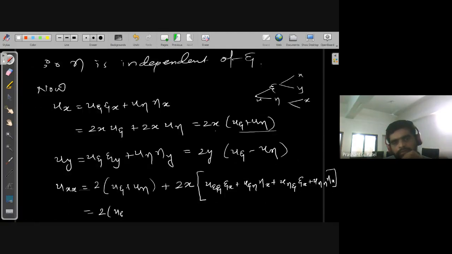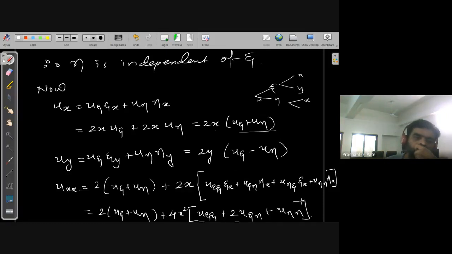The 2x will appear in each and every term, so 4x square is common. We are left with u xi xi plus 2 times u xi eta plus u eta eta. So this is the thing you got.